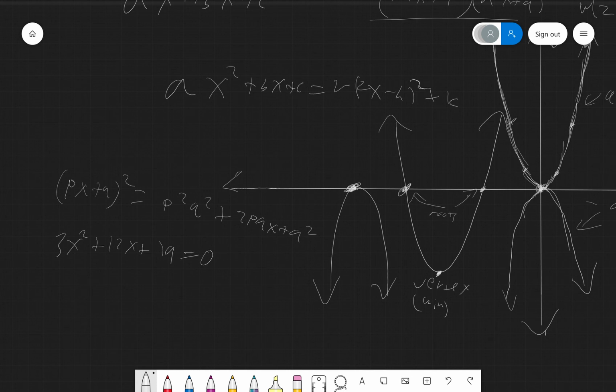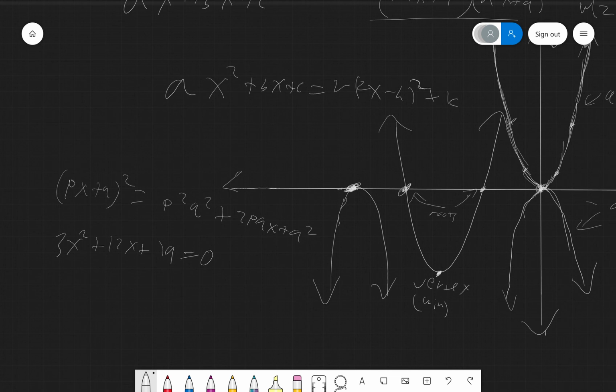Here, what it means is that if the vertex is on the x axis, then this root has multiplicity 2, which means it crosses it twice basically. And that means that it has only one root rather than two. Remember, I said it goes up to 2, right? So, nice.